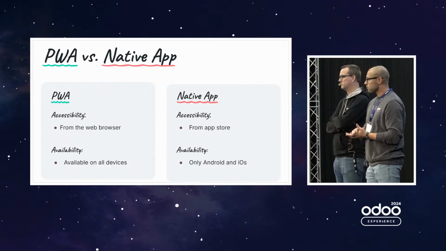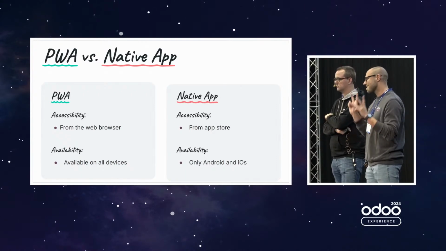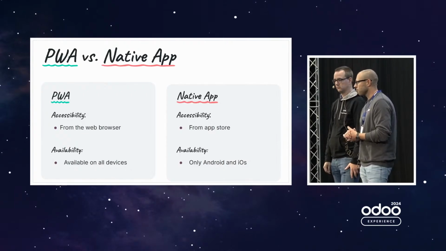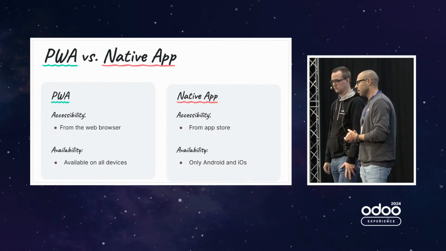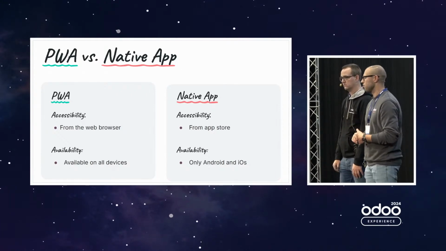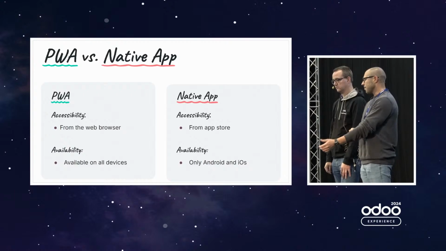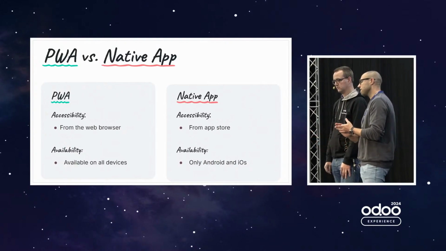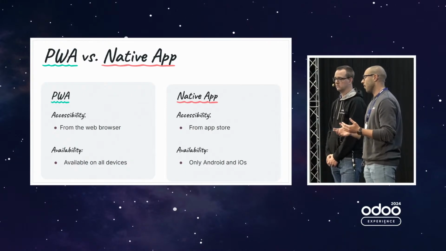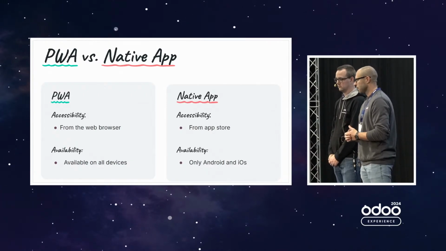But if the user wants, he can install the application by adding it to the home screen to ease access and use it directly on the computer without going back into the browser. For native applications, the accessibility has to be through an app store, for example, the Apple App Store or the Google Play Store.